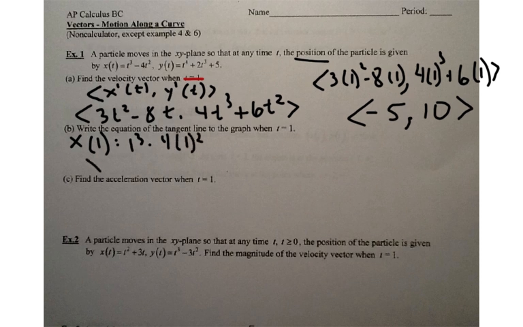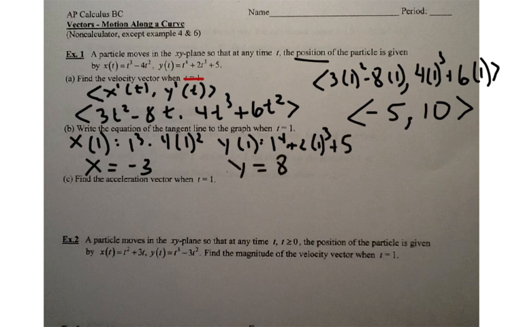That will give us x equals negative 3 for our point. y of 1 will give us our y coordinate, 1 to the 4th plus 2 times 1 cubed plus 5 gives us a y value of 8.